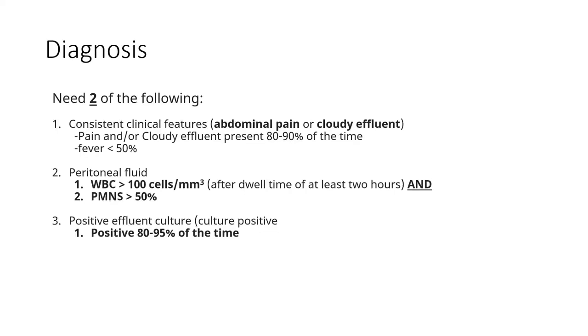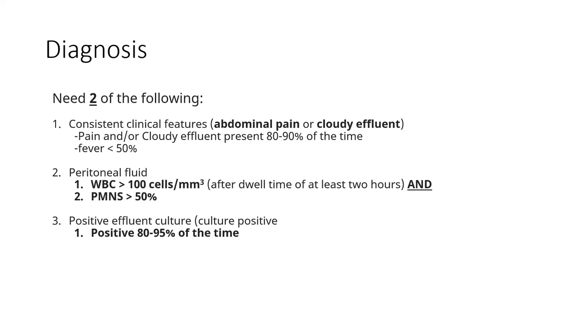So the diagnosis is different than SBP. You need two of the following. One is clinical features that are consistent, and abdominal pain or cloudy effluent are the most common findings for patients with peritonitis in this setting. Fever is less common, but can be found in patients. The next one is the peritoneal fluid.